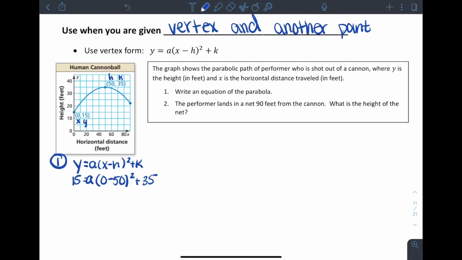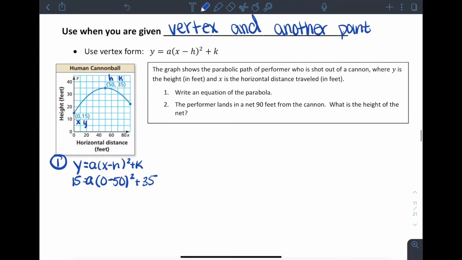So I'm going to start by just doing 15 equals a times (0 minus 50) squared plus 35. Negative 50 squared, 50 times negative 50, well, that'd be positive 2,500. So 15 equals 2,500a plus 35.